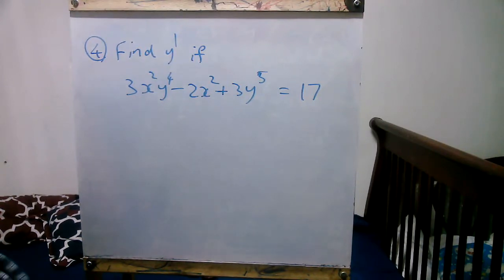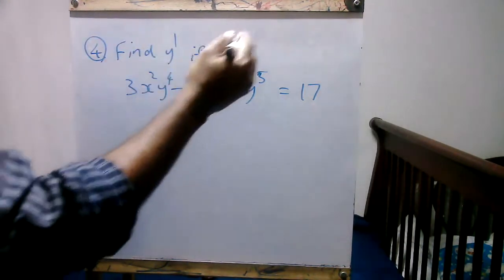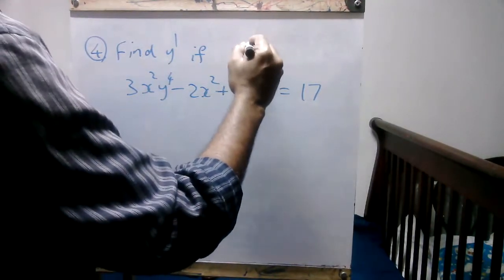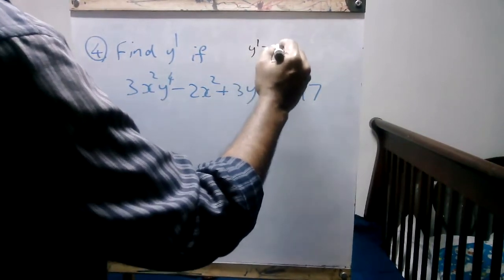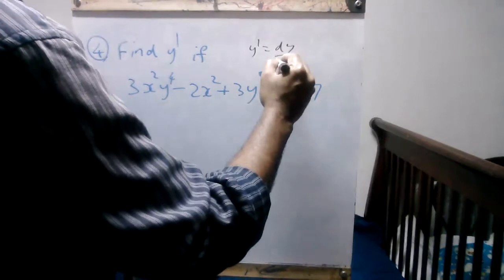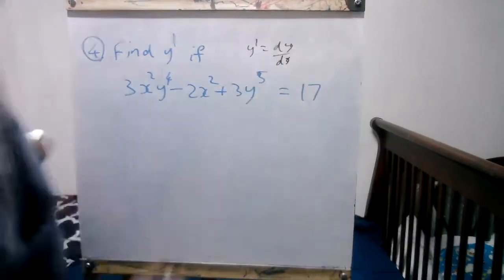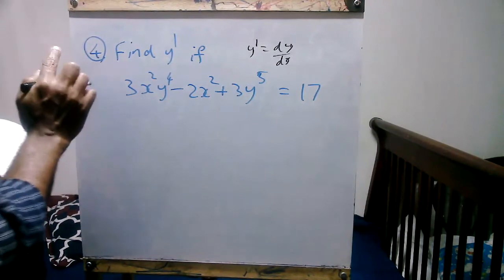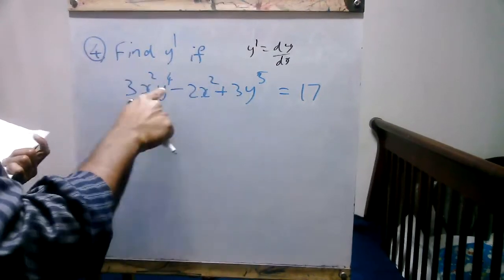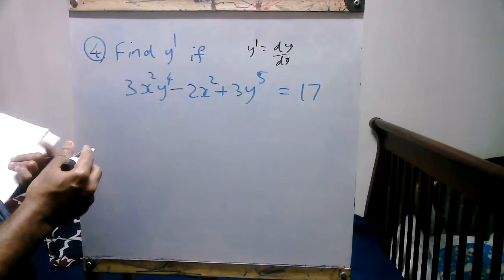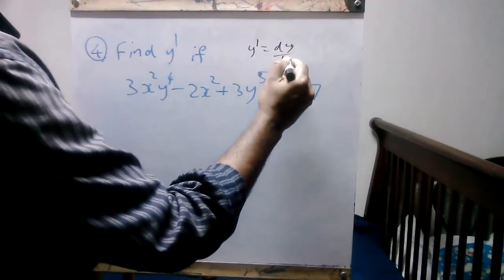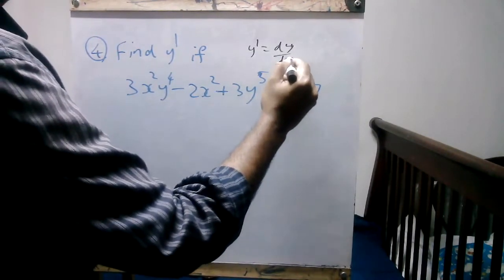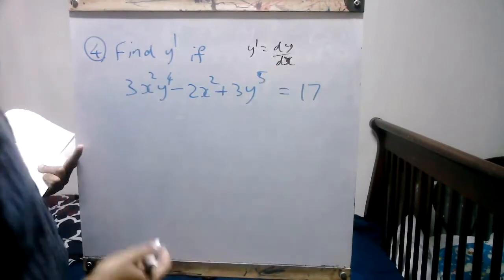Okay, here y prime means, I write it on the side, y prime means dy dx, right? So what this means is we have to differentiate this with respect to x.